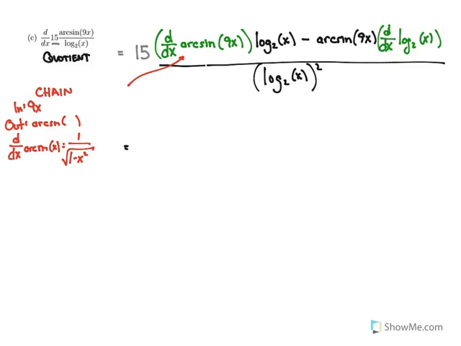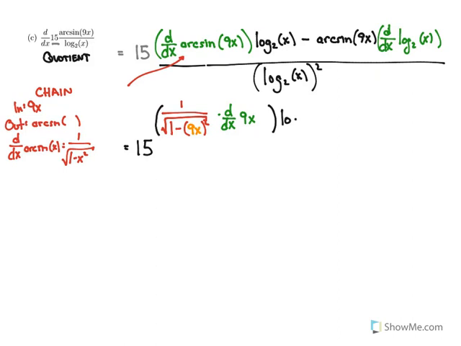So writing this down, we're going to have the 15, and then in parentheses here, we're going to have the derivative of the outside, which is 1 over square root of 1 minus something squared. We're going to leave the inside function alone, 9x, and we're going to multiply by the derivative of 9x.